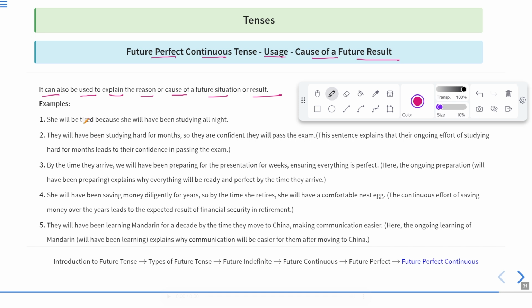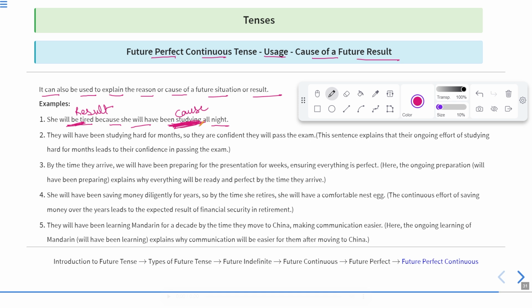For example, she will be tired because she will have been studying all night. Now, there is a pure imagination that if she studies for the entire night, she will be tired. If I say she will have been studying all night and because of this she will be tired, this is the cause and this is the result.